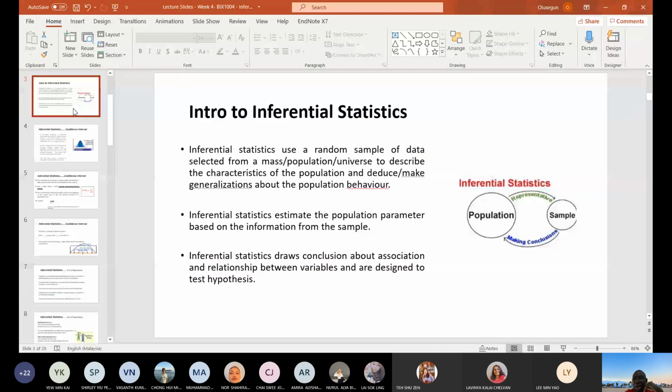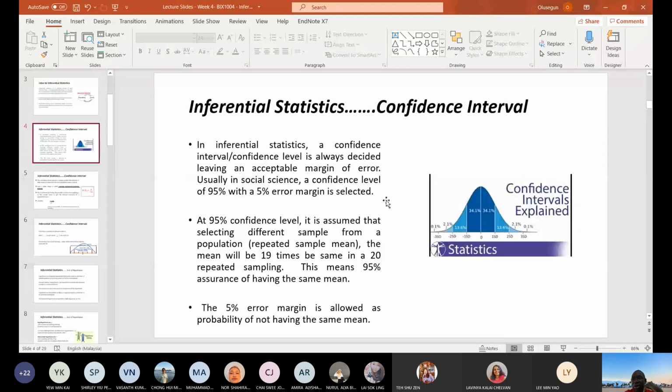I want to use this confidence chart here to illustrate what we mean by normal distribution. The mean is in the middle. If the data is normally distributed, almost half of the data will be to the right side, while almost half will be to the left side of the mean. So it will be normal. When it is more to one side than the other, it is a non-normal distribution.